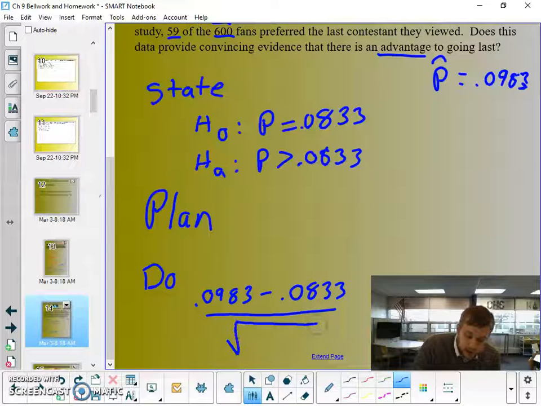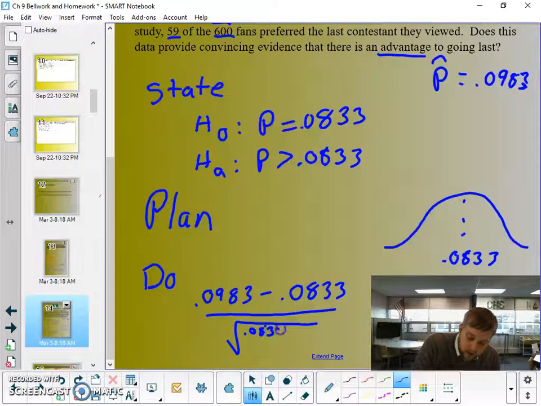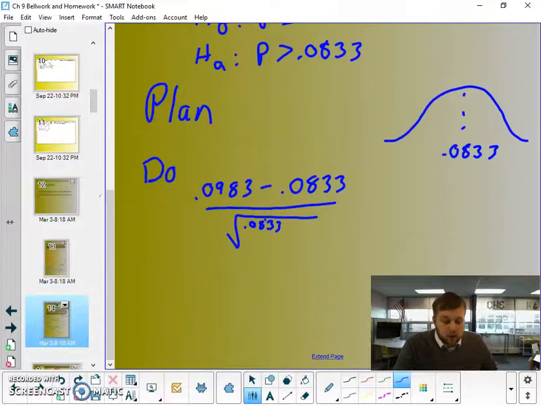Now remember, which standard deviation am I using? I'm assuming it should be 0.0833, so I'm using 0.0833, and my pen is getting a little low. I'm going to calculate the rest out here and a z-score for you, and I'll be right back.